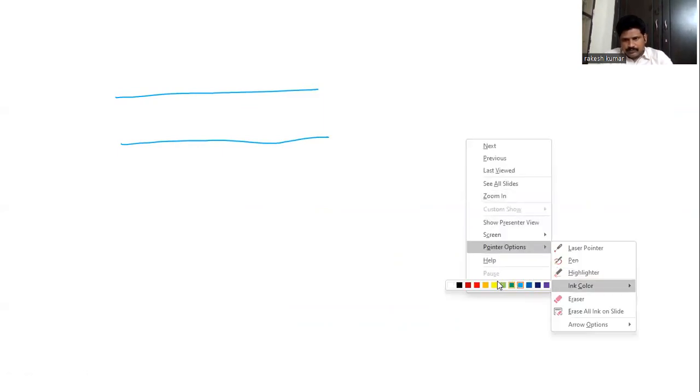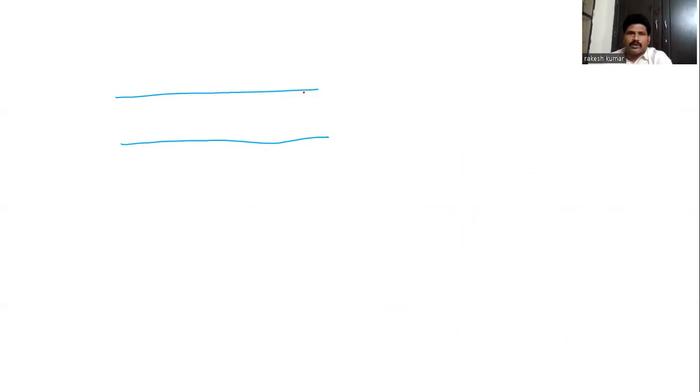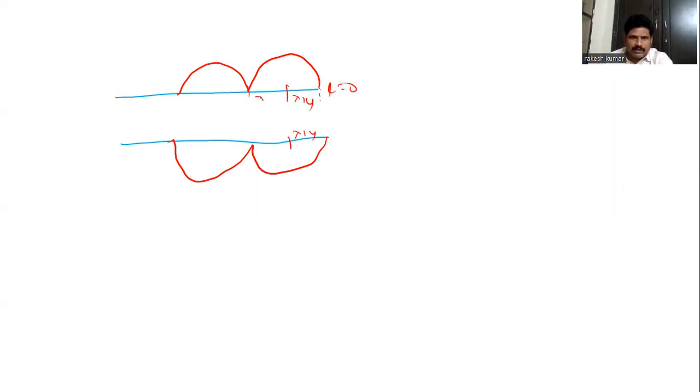So my waveform is like this. So this is at L is equal to 0. This is up to lambda by 4. This is also for lambda by 4. This is for lambda by 2. This is for lambda by 2.